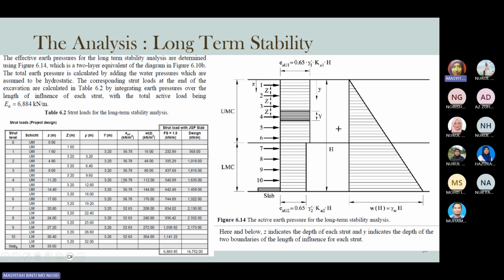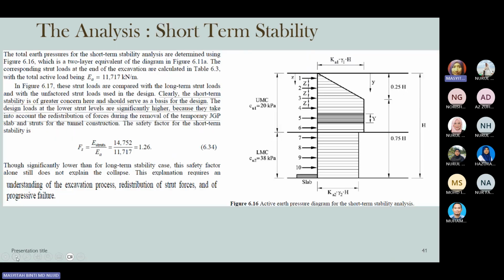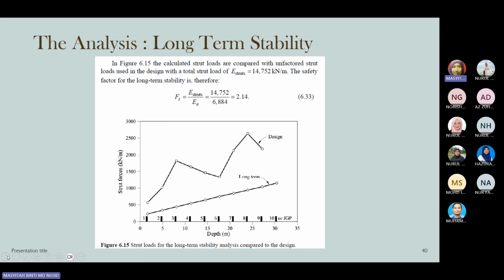Okay, when we look at here, the total design for strut loads is around 14,752. So this is the design value for long-term stability analysis for strut loads. If you compare with the next one, short-term stability, you will see the difference of the strut load applied. In here, the total safety factor is around 2.14, which is a ratio between the total strut load 14,752 over the EA.